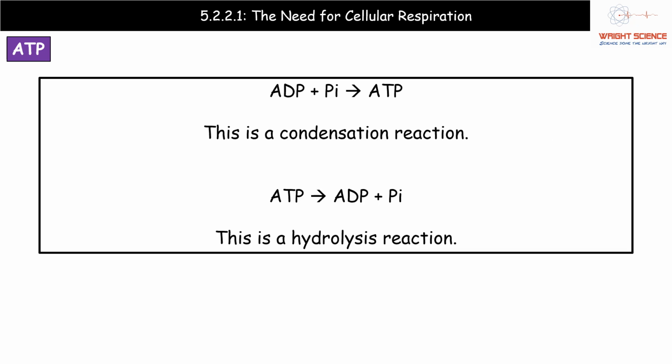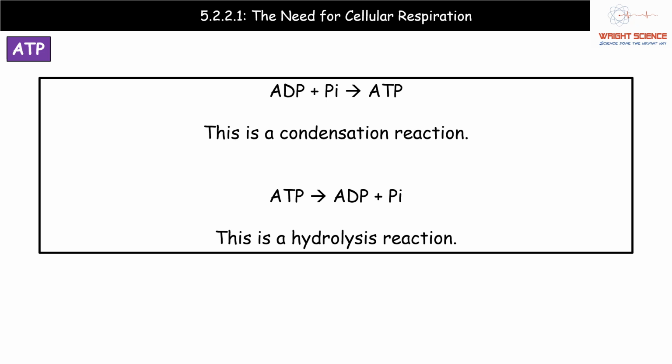If you think back to module 2 where we looked at biological molecules, then I spent a lot of time in my videos mentioning these two reactions, condensation and hydrolysis. And if you remember, what I told you was that if we're talking about joining things together, it's condensation. If we're talking about breaking things up, it's hydrolysis. It worked with our carbohydrates, lipids, proteins. It also works with ATP.